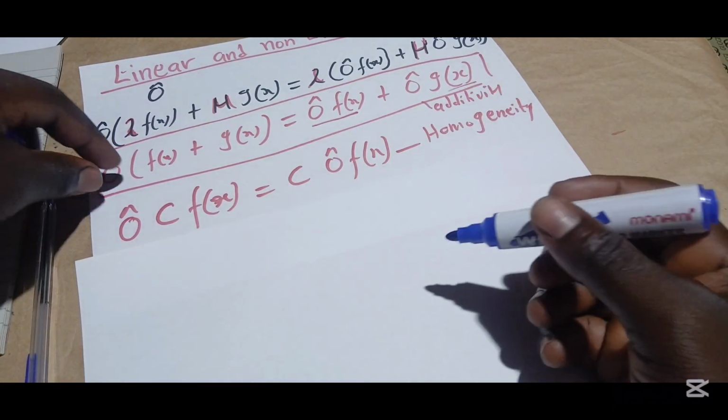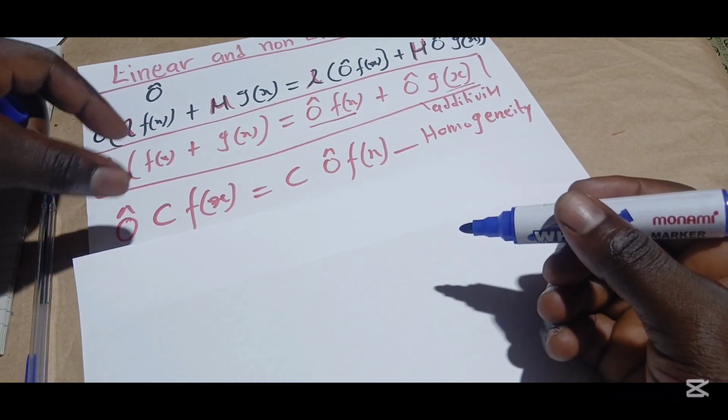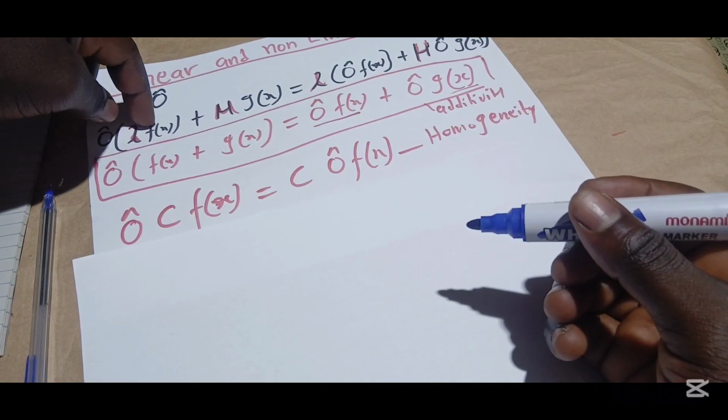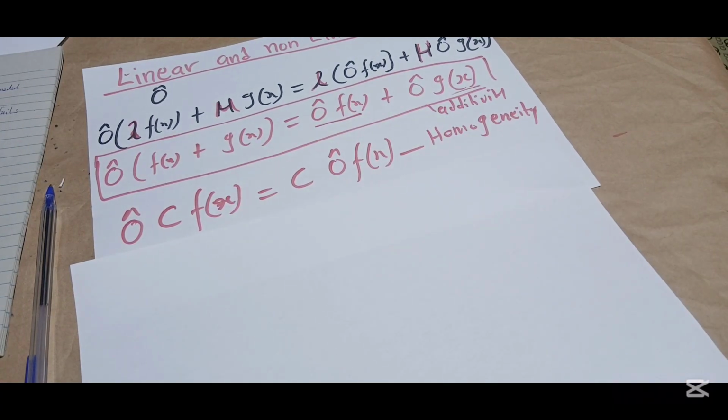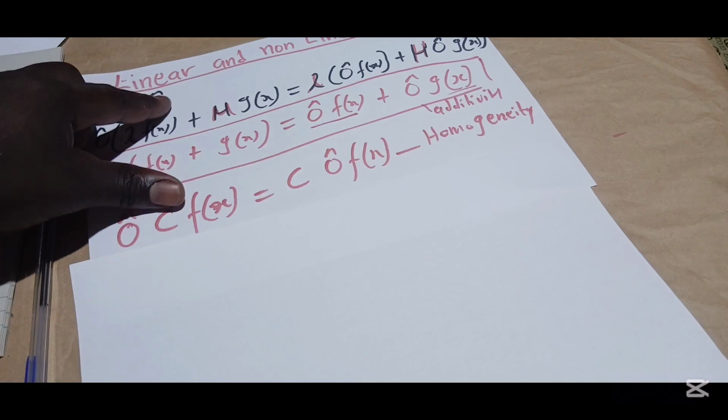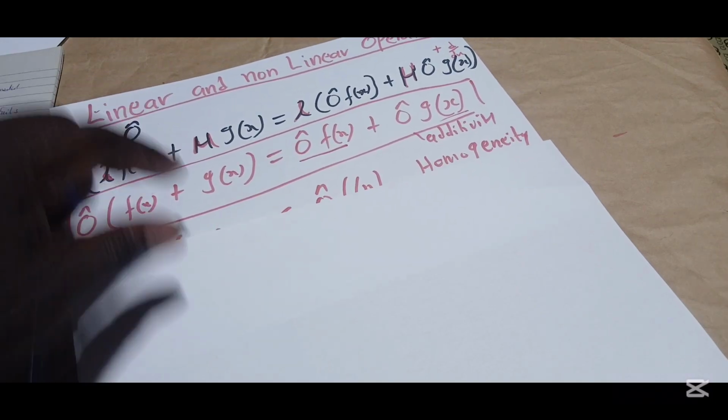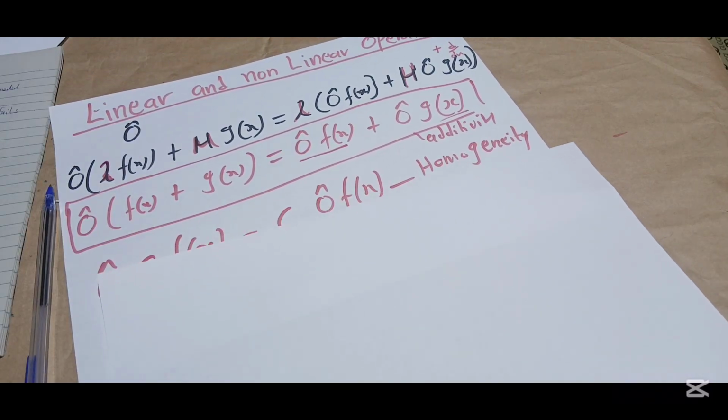These two equations are simple to put in mind as compared to the first one, right? So let's look at examples of linear operators and non-linear operators. And after that, we look at why we have to look at linear operators and non-linear operators in quantum mechanics.